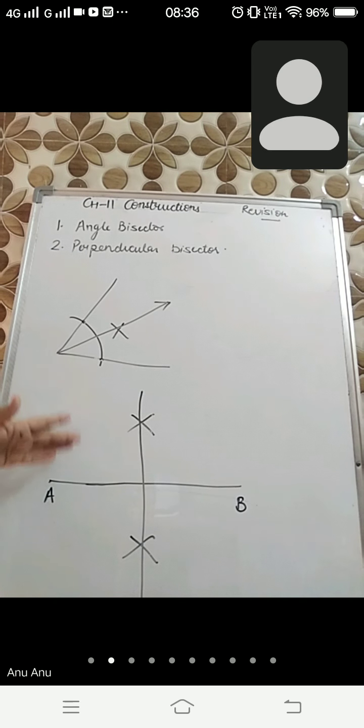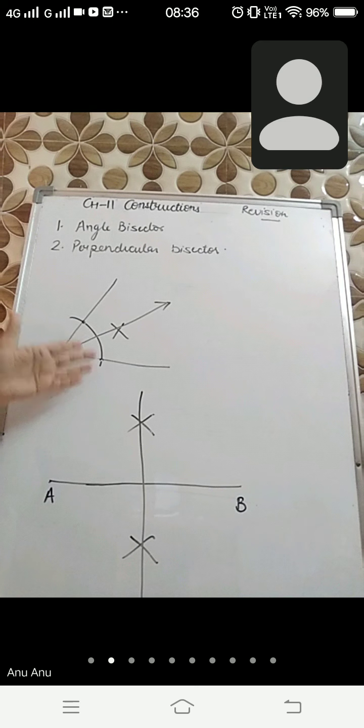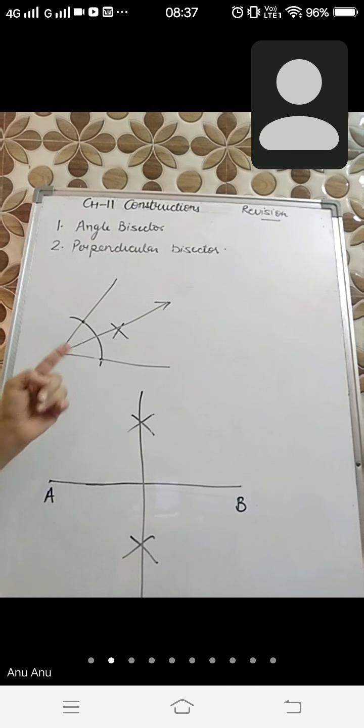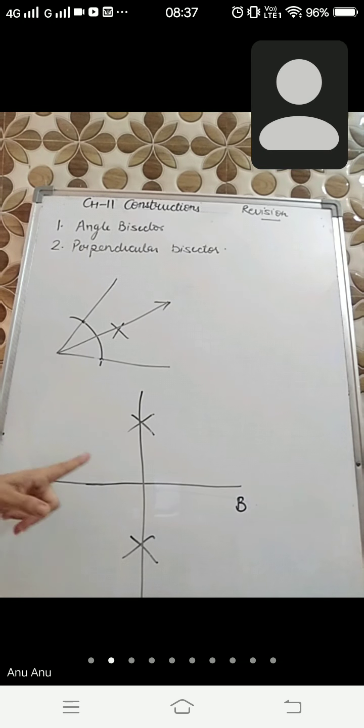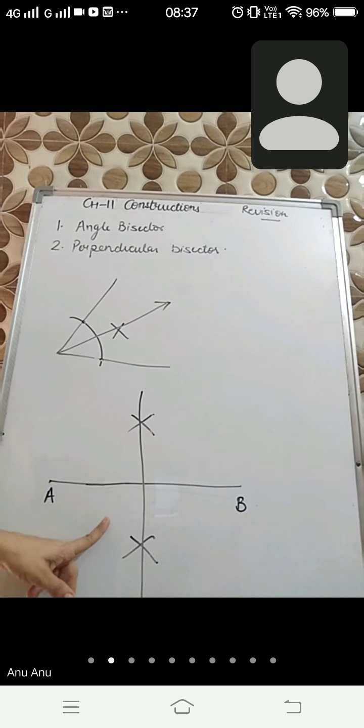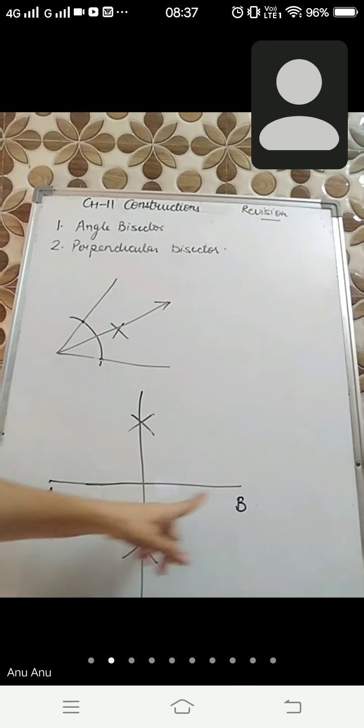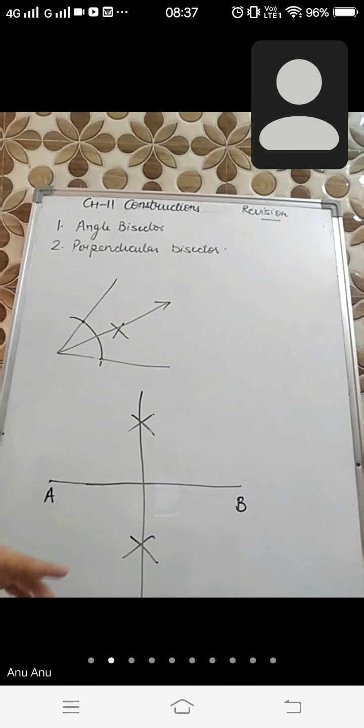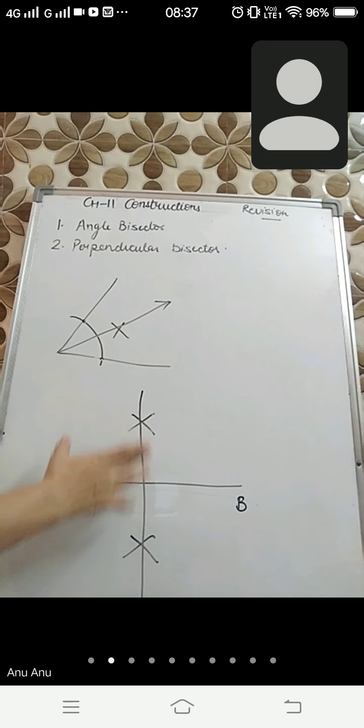And in case anybody asks you, you can give an example: draw an angle of 60 degrees, make half of this, and this 30-degree line is known as the angle bisector. In case of the perpendicular bisector, you can also give an example. You draw a line of 5 centimeter or 10 centimeter and make half of this.